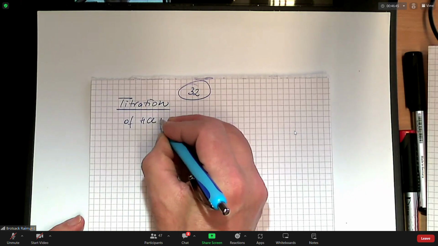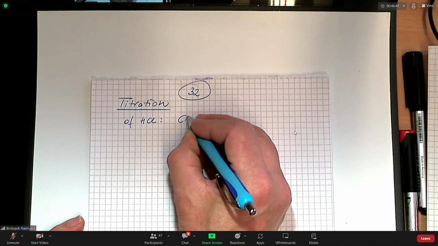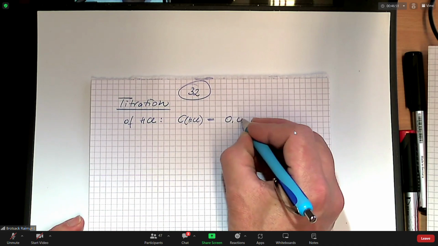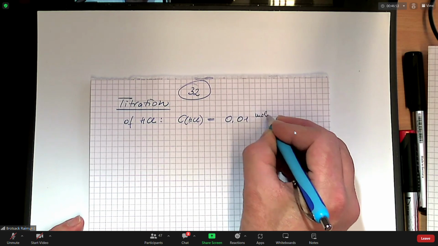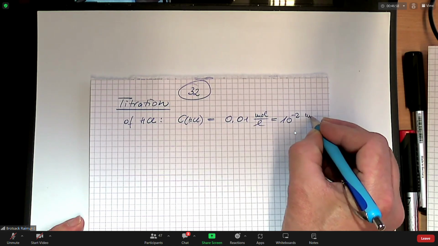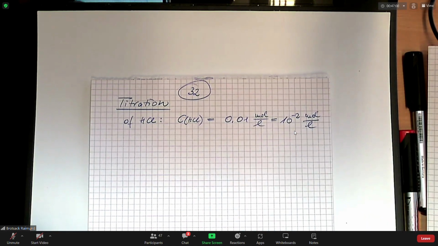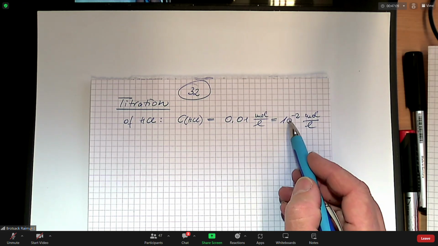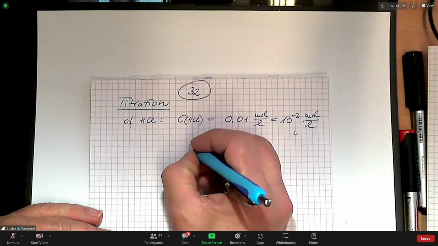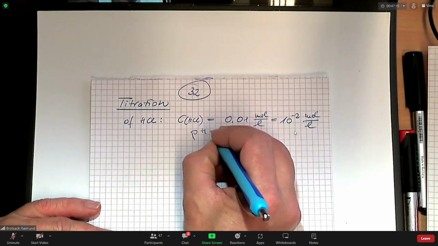At the beginning, the concentration of this HCl is 0.01 mole over liter, which is 10 to the power of -2 mole over liter. So what will be the pH at the beginning? 10 to the power of -2, negative log of -2 is 2. So the pH at the beginning is 2.